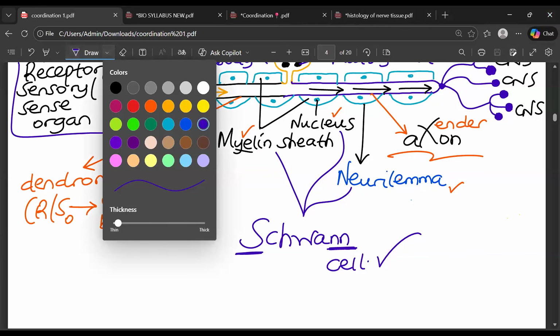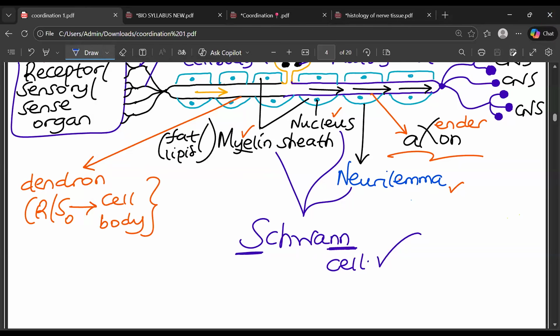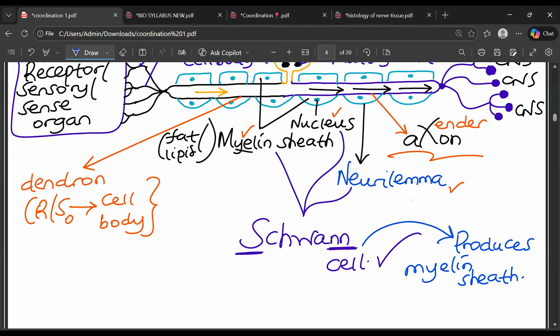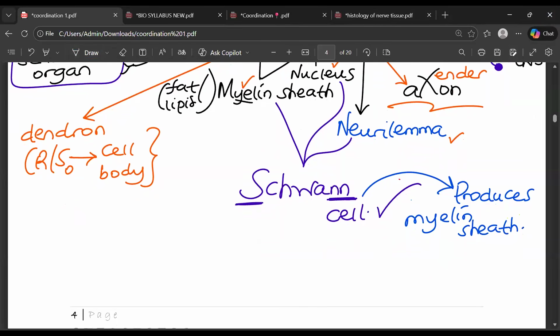And to make matters worse, it is this Schwann cell that actually produces the myelin sheath. So the myelin sheath is part of the Schwann cell, which produces or secretes the myelin sheath. I think you can see that the combination is a cell.